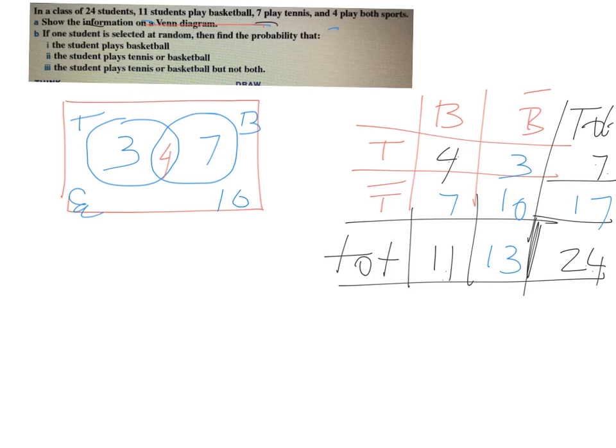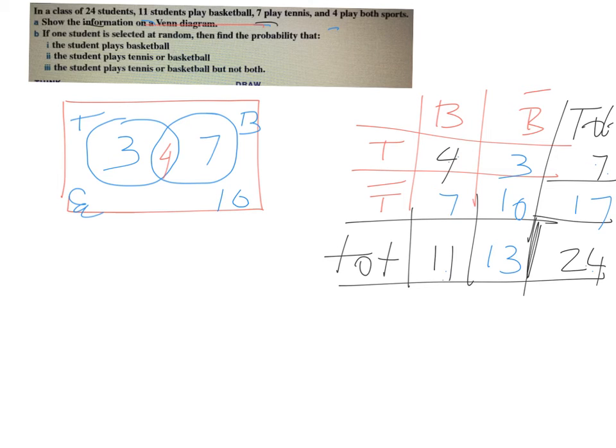So 4 and 4, 3 and 3, 7 and 7, 10 and 10, and then all the basketballers, there's 11. All the tennis players, there is 7. All the non-tennis players is 17, so that is 10 plus this 7. All of the non-basketballers is 13, so that's 10 plus this 3.